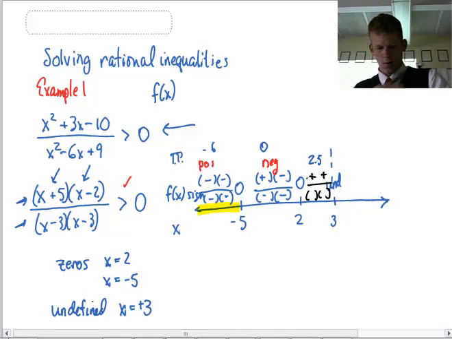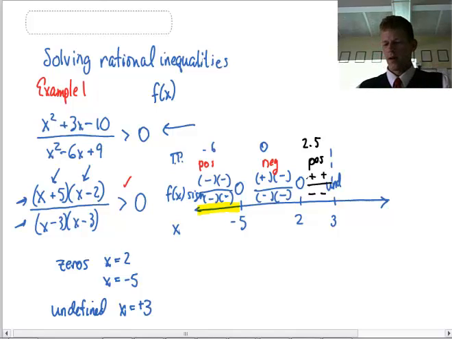I'm going to have positive over positive, and in the bottom I'm going to have negative over negative, and that end result will also be positive. And the last interval, I'm just going to put 4 or 5 in. So I'll put in 4.